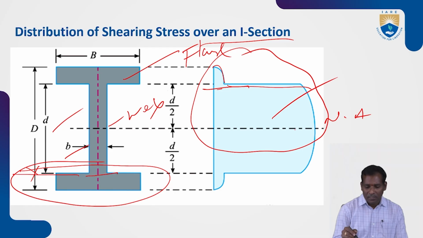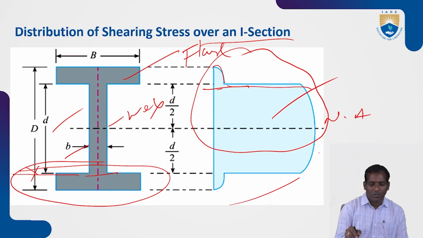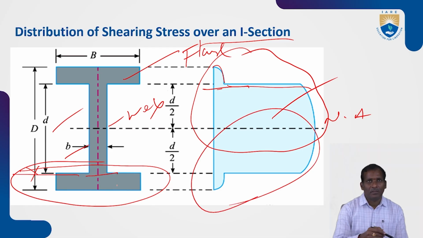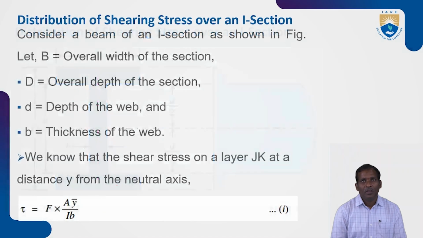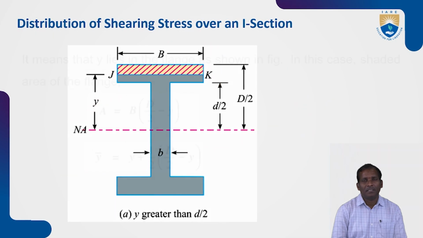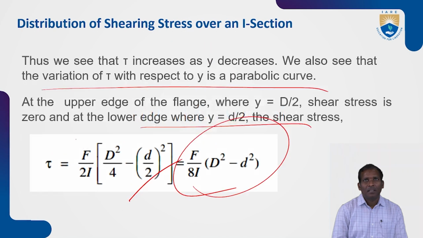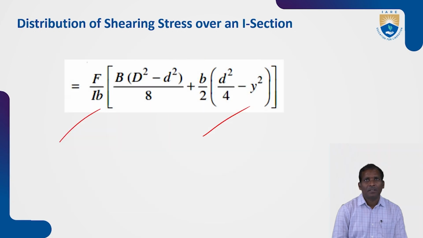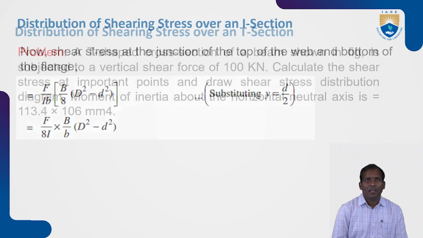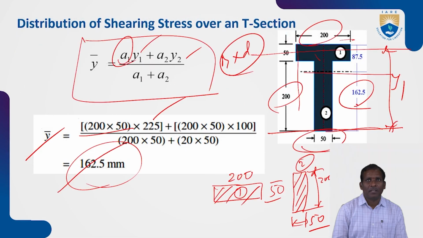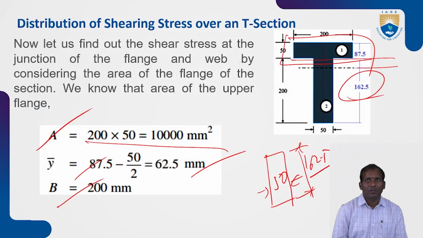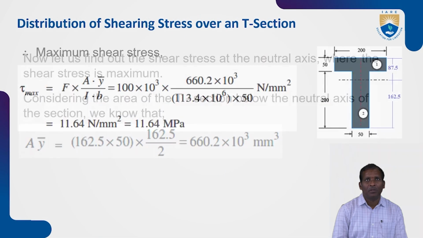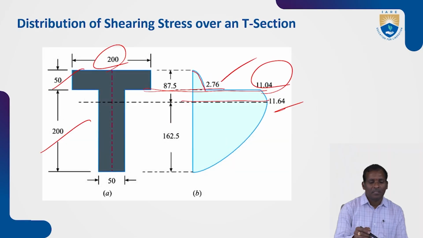Only in this section there is no bottom flange. So the shear stress occurred in this T section at various points already calculated. So according to the calculated values, draw this diagram.